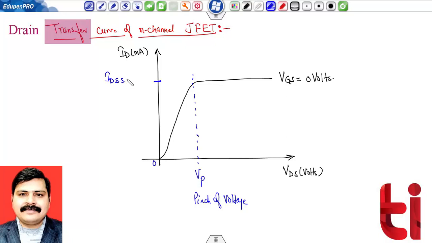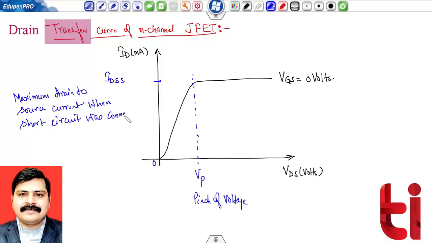There is a standard term for this current, which is termed IDSS, the maximum drain to source current when a short circuit was connected between gate and source.